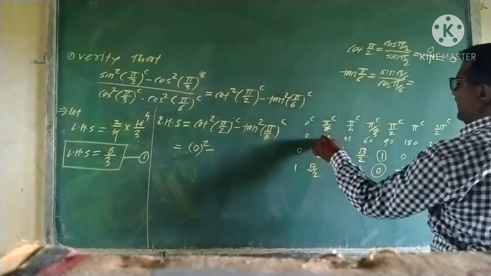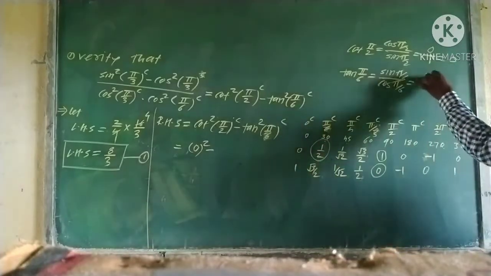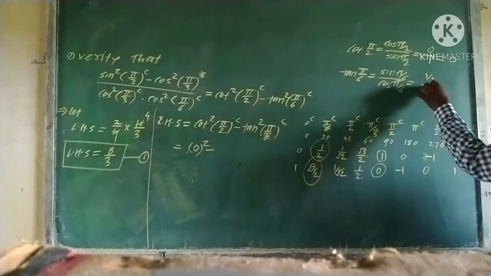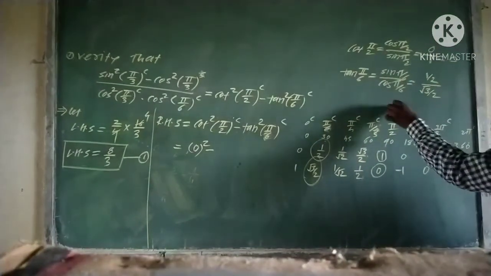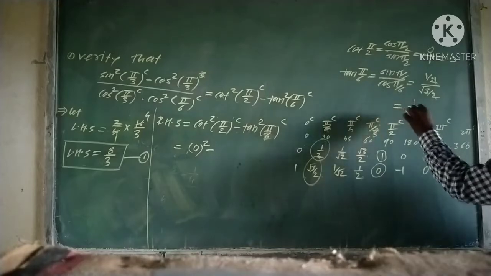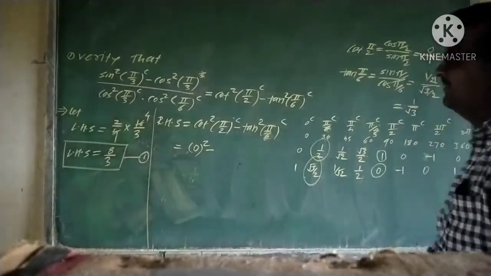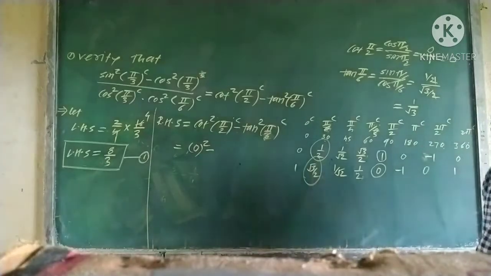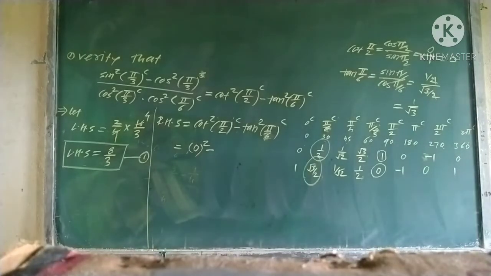Sine of pi upon 6 is 1 upon 2, cos of pi upon 6 is square root 3 divided by 2, and this term is equal to, the 2 gets cancelled, 1 upon square root 3. Cot of pi upon 6.